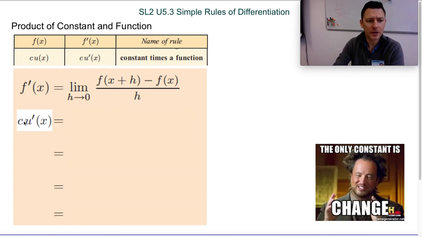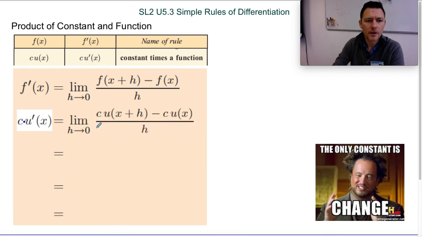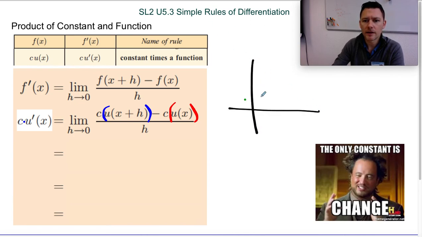If we're trying to find some constant times the derivative of a function, what that might look like is this. This is sort of like saying the constant times one y value minus the constant times the other y value, right? When we're talking about taking 2 points and bringing them closer and closer to each other. So here's 1 point, and this is the other point, right? And dividing by h, and h is the distance between those.